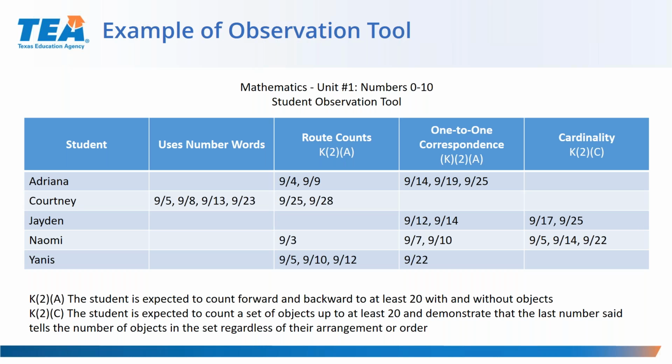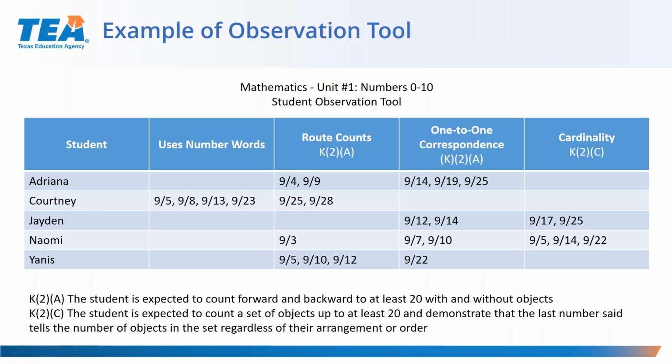So with a tool like this, which you can make for many of the TEKS, especially those that have some sort of progression to them, the teachers would simply write the date on which they observed the student under the skill.